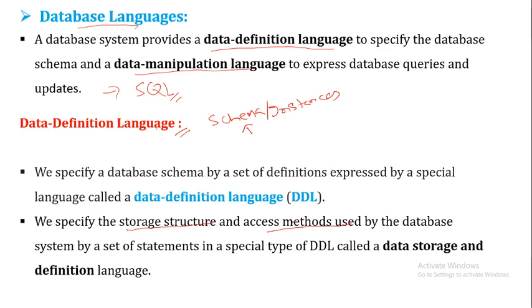That is going to be defined in the data definition language. Because it supports data structure and data storage, it defines the data storage structure and also defines the systems. So it is also known as the data storage and definition language.